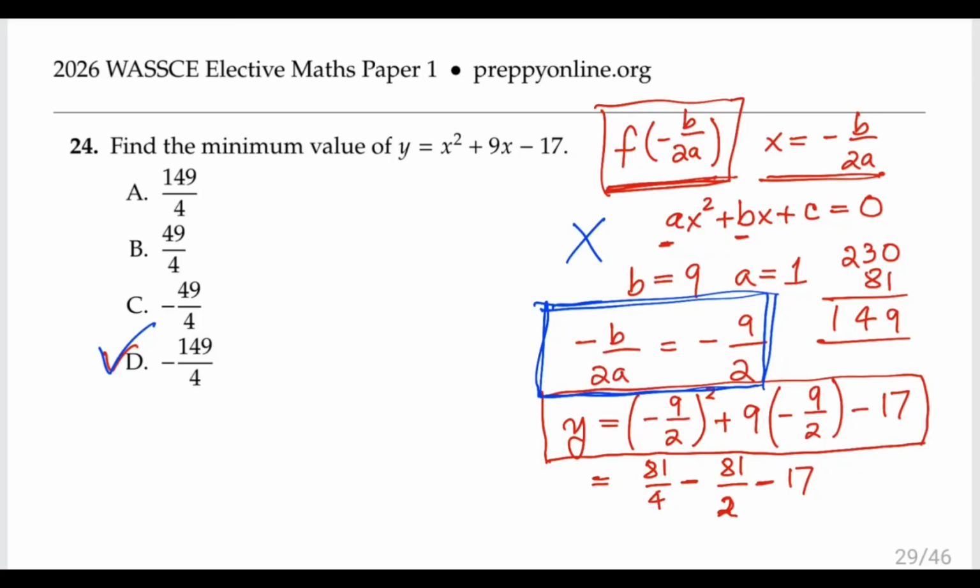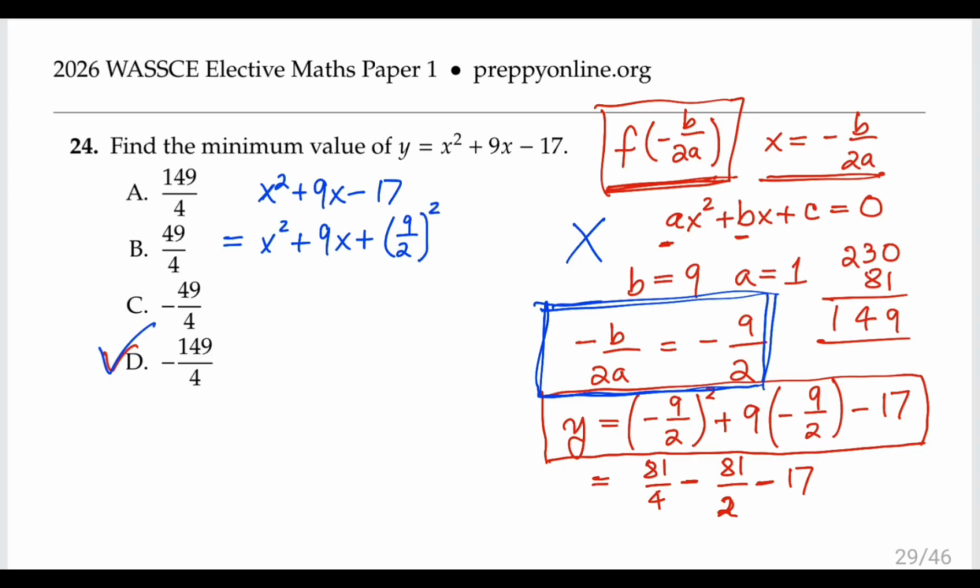To complete the square, we write this x squared plus 9x minus 17. And to complete the square, we add half the coefficient of x, the square of that. So we have x squared plus 9x, and then we add half of the coefficient of x, which is 9 over 2.